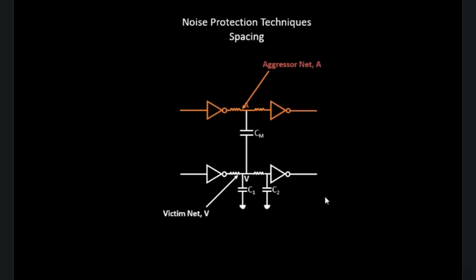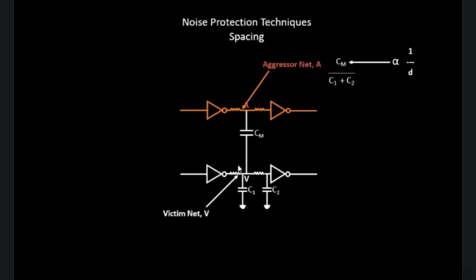Okay, so technically, the reason that mutual coupling capacitance reduces lies in this inherent equation. Mutual coupling capacitance, or any capacitance in that case, is inversely proportional to the distance between the parallel plates. In this case, the parallel plates will be the aggressor and the victim.